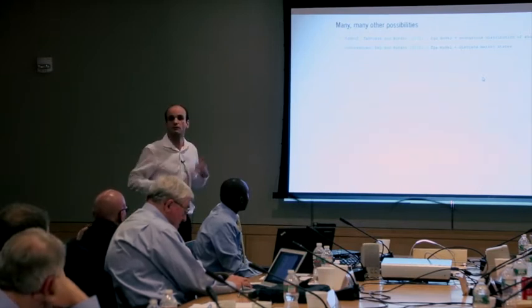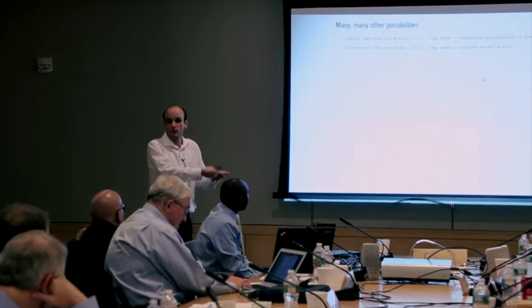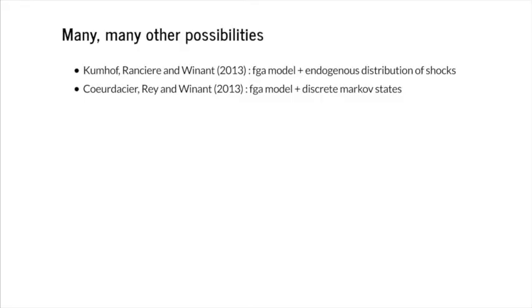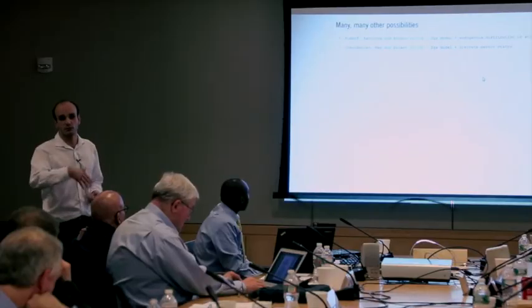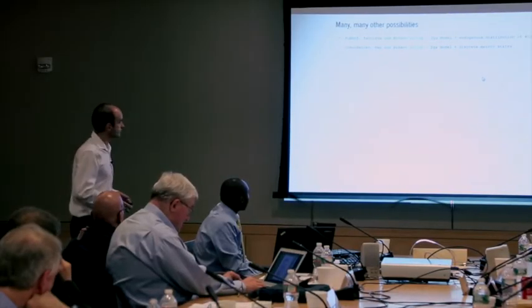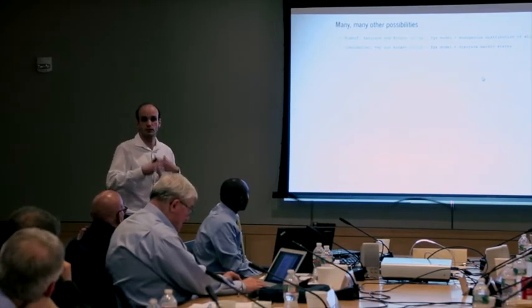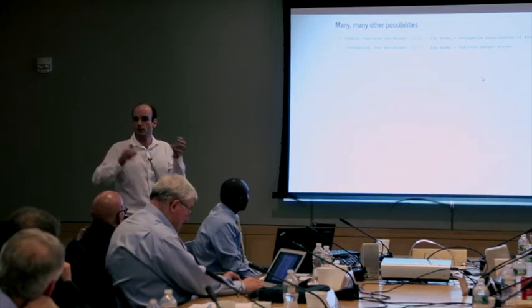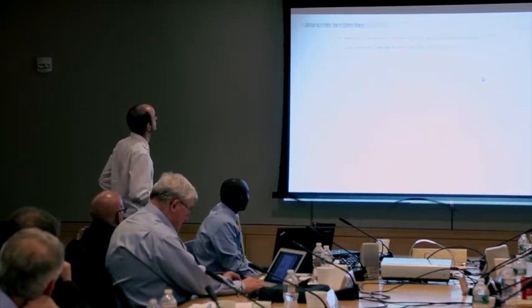We just define another type of equation for the distribution, and we implement the solution. Or in this open economy paper, what we have is a discrete Markov state. So we specify a transition matrix, but we use the same ingredients, the same compiler, the same approximation routines, and so on.